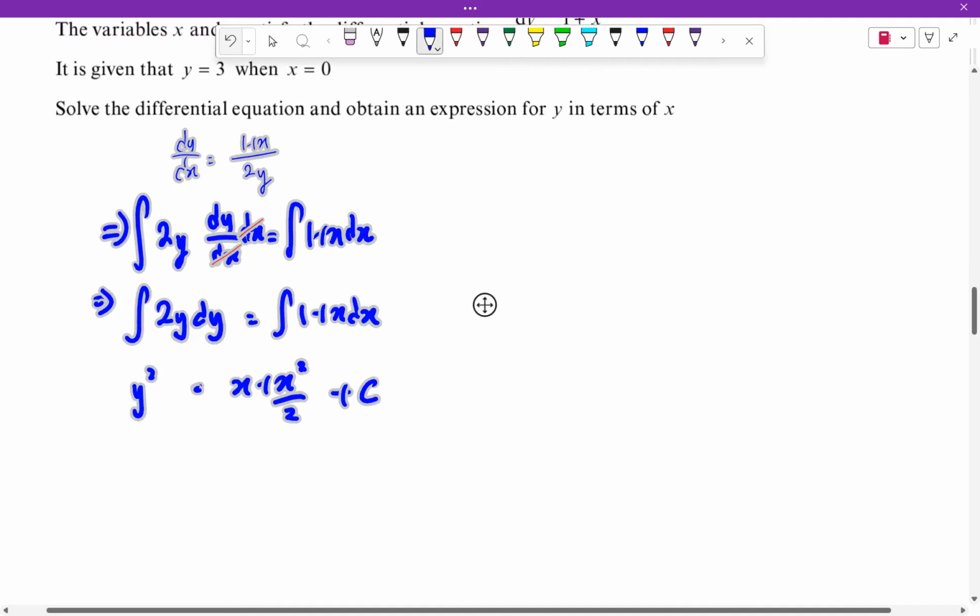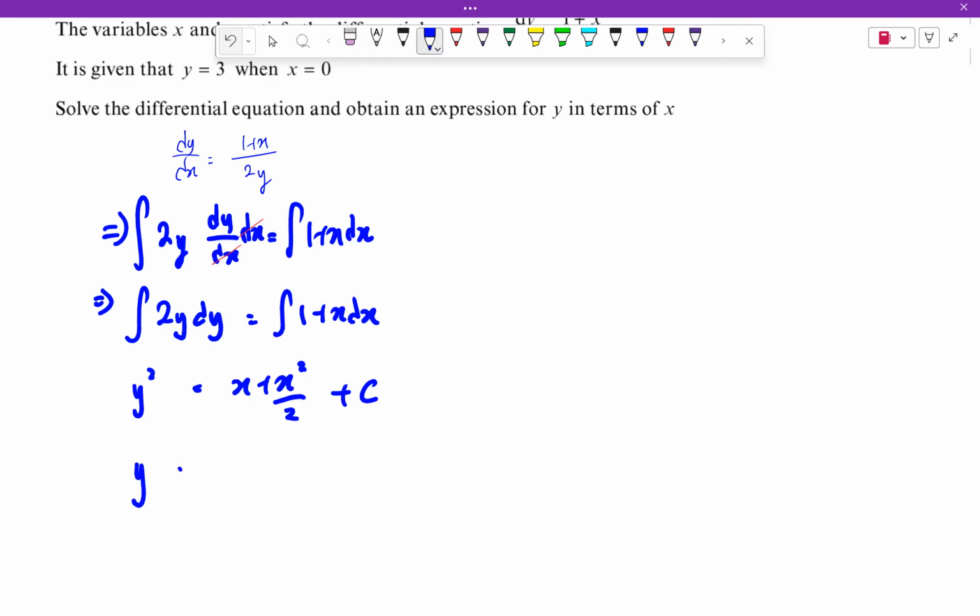Now, we are trying to find in terms of y. So hence, the solution will be square root of x plus x squared over 2 plus c. This is the general solution. Now, we are trying to solve for a particular solution. I'm going to use this part, because obviously using a square root is more complicated and it will turn back to this equation anyway.